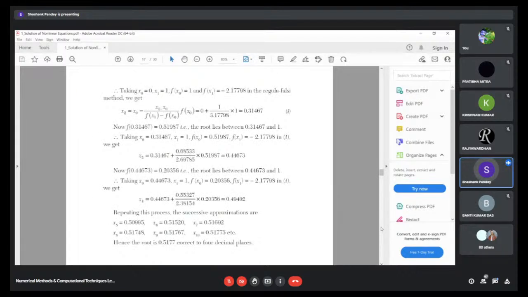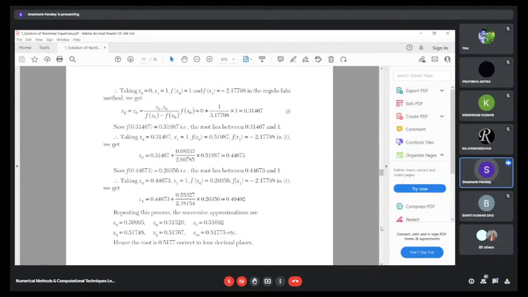Okay, so this is the solution for this. Let us discuss it. At x equal to 0 and 1, we know the values of the function: at 0 it is 1, and at x equal to 1 it comes out to be minus 2.17798.